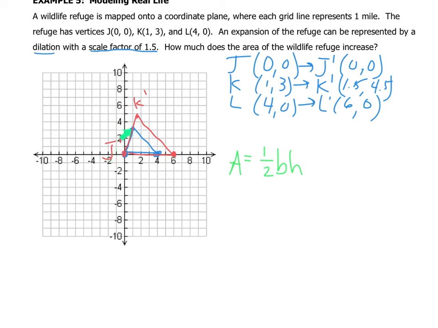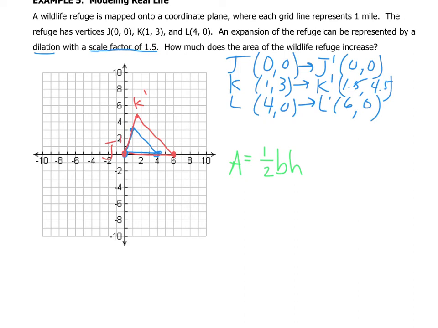The height would be the thing that comes straight down to create the 90-degree angle. So the height of the blue triangle is actually 3. The height of the red triangle would be at that 4.5 that would come straight down to create the 90-degree angle.